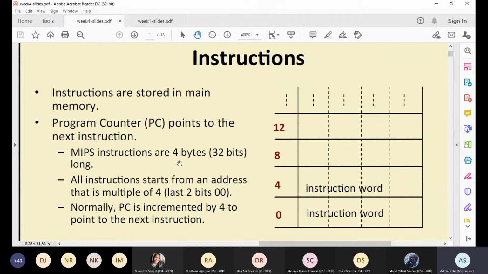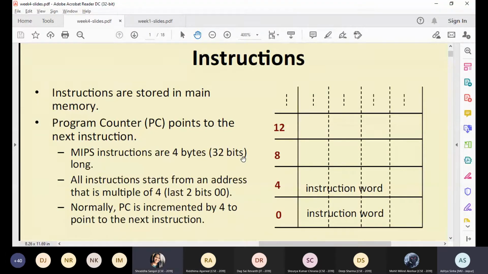Can anybody tell me, a very general question I'm asking, why 4 bytes, 32 bits? Because it is byte addressable memory and the word length is 32 bits, so it will update by 4 bytes. So what is the other form of addressable? Is there any other way we can address it?